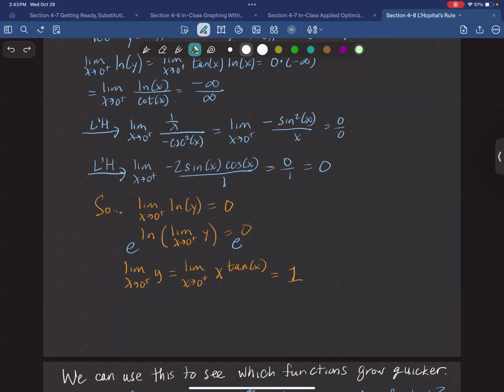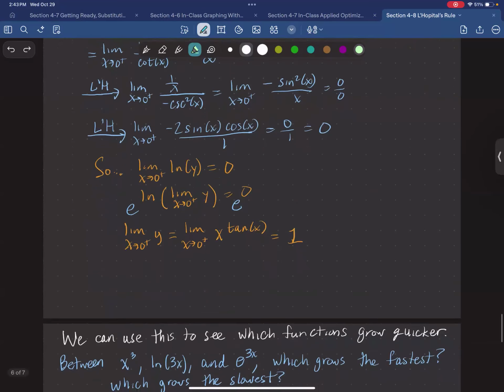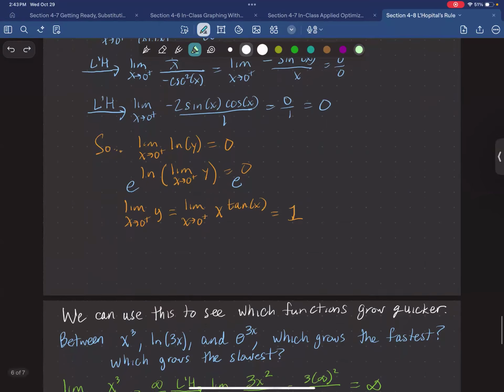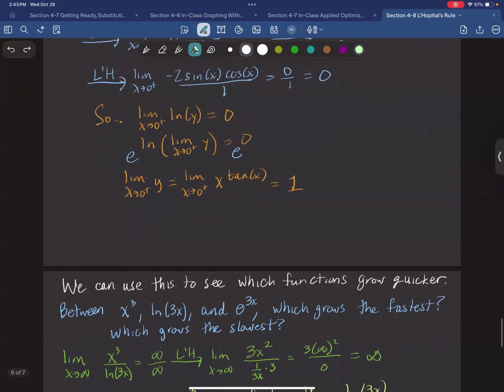I wanted to show you how we can use this to see which functions grow faster. So let's take a look at x cubed, natural log of 3x, and e to the 3x. Which grows the fastest? Which grows the slowest? If we do limit as x goes to infinity and we do a fraction of it, we can see a comparison.